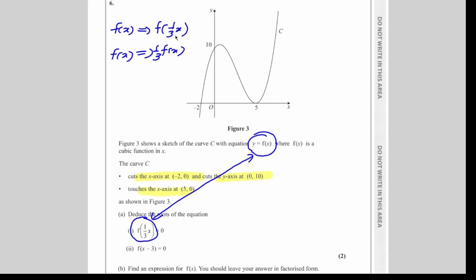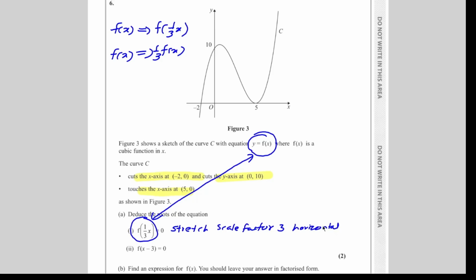This is a stretch because this is multiplication. When you spot a multiplication or division, it is a stretch. You have to stretch the curve. The scale factor is 3 in the horizontal axis, which means the x coordinate gets changed.